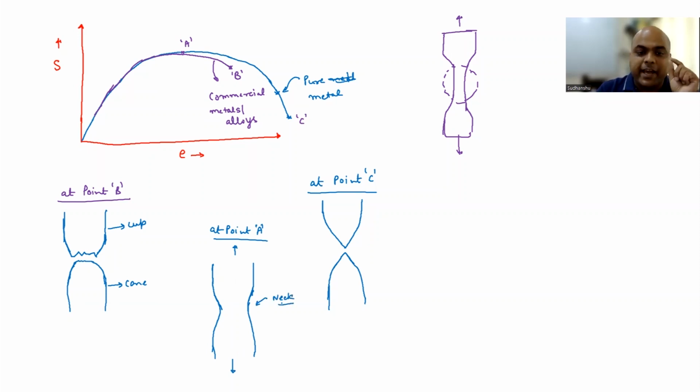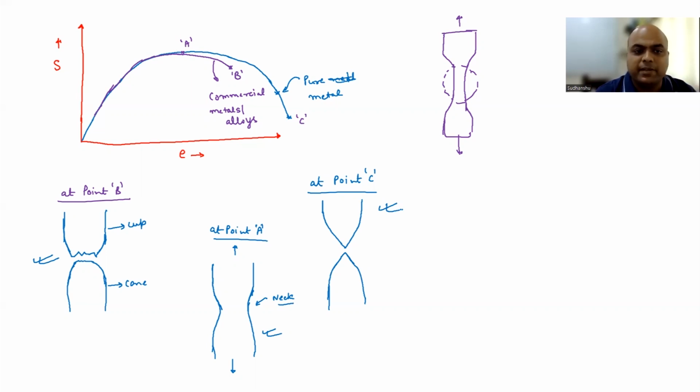At point A, both samples have this characteristic. After fracture, for commercial metals and alloys you observe cup and cone failure, whereas for pure metal you observe point C, which is rupture. The strain is going to be higher for pure metal as compared to commercial metals and alloys.